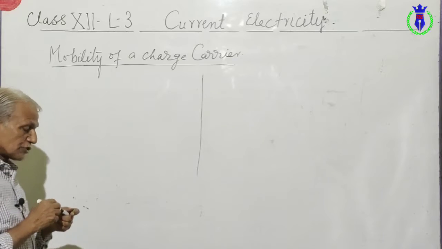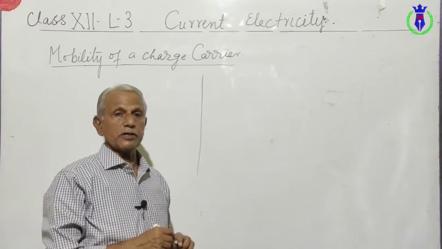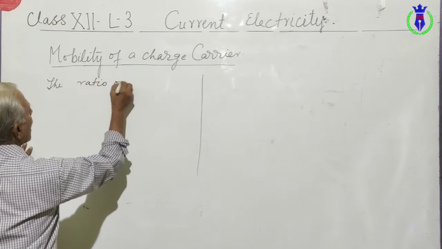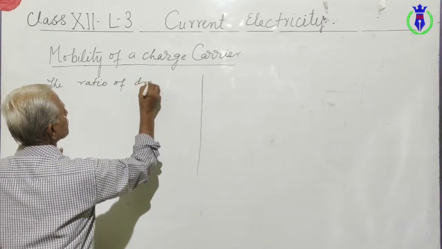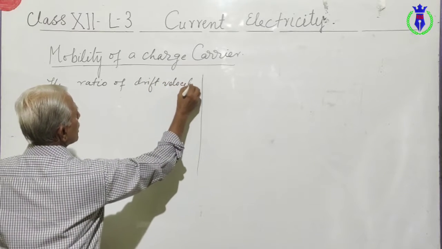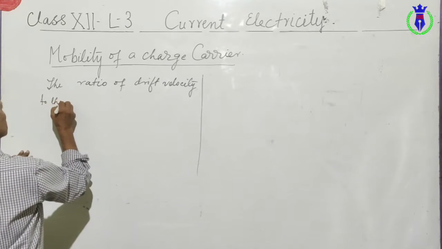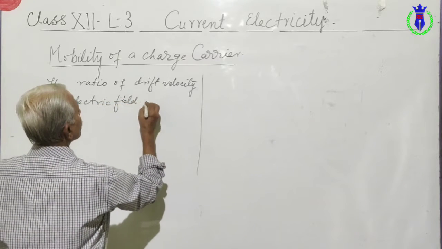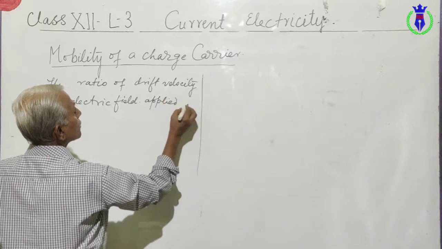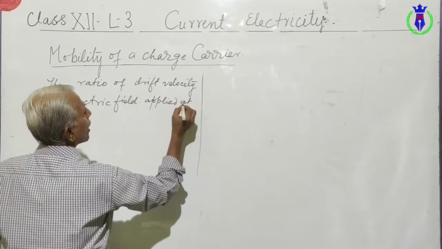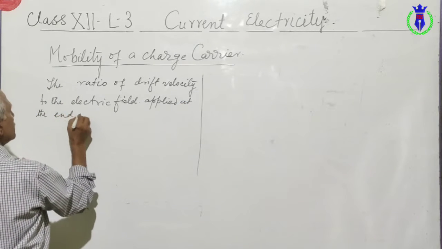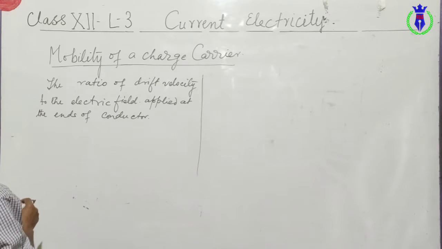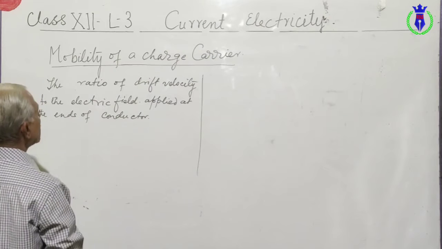Mobility is the ratio of drift velocity to the electric field applied at the ends of the conductor.